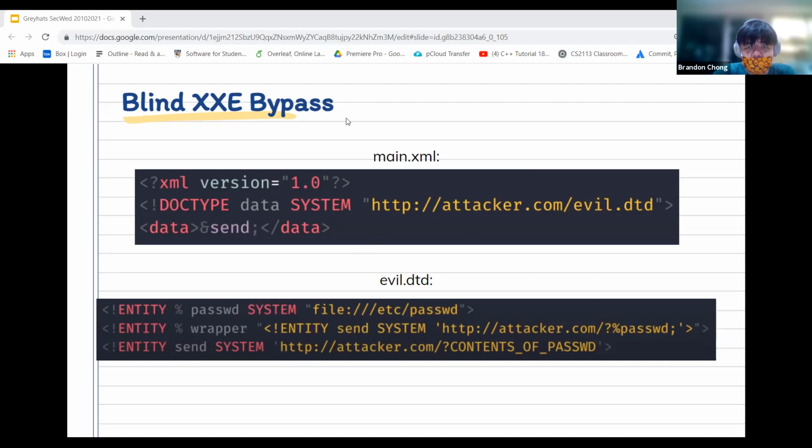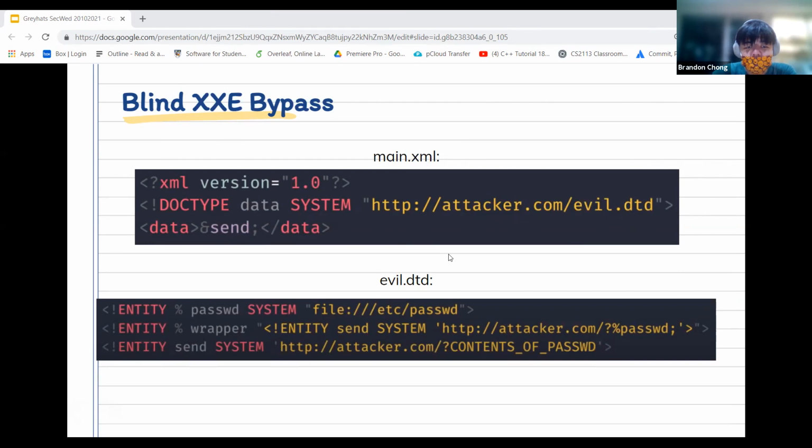For example, in this code here, within main XML, you can see that there aren't any entities defined within this doctype, because all of them, like I said earlier, are located within this evil.dtd file, which has all the entities that you need to carry out your XXE exploit. And then you notice over here, when in our XML data we call send, send is not within the doctype, but within the evil.dtd file.